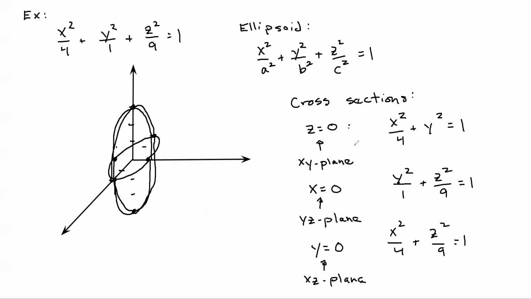Now, the one thing I did want to show you before we move on to the next example is that, again, you can generate cross sections other than the sections that are on the xy, yz, or xz plane. So you could go through and say, how about z equals 1? Right, so what plane is represented by z equals 1?